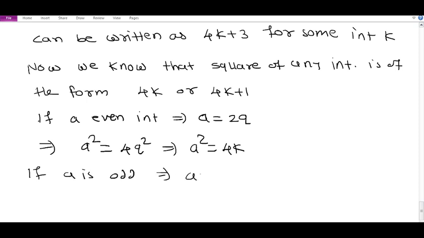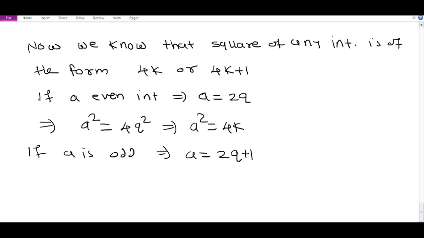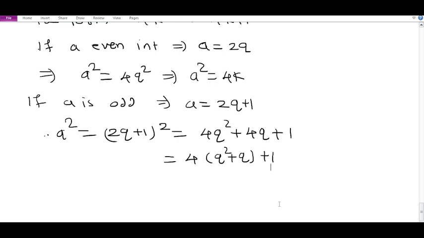then a is equal to twice q plus 1, and here if you square, a squared is equal to (twice q plus 1) squared, which is equal to 4q squared plus 4q plus 1. So this can be written as 4 times (q squared plus q) plus 1, which can be written as 4k plus 1.